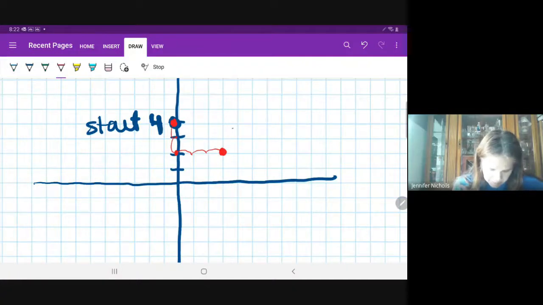Okay. And then down another 2 squares from that dot, and then right 3 squares. Down 2 squares, right 3 squares.